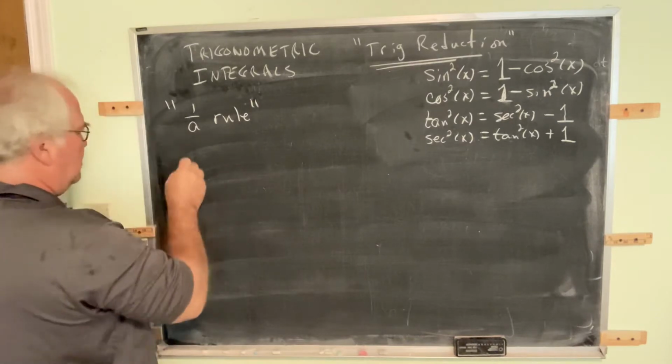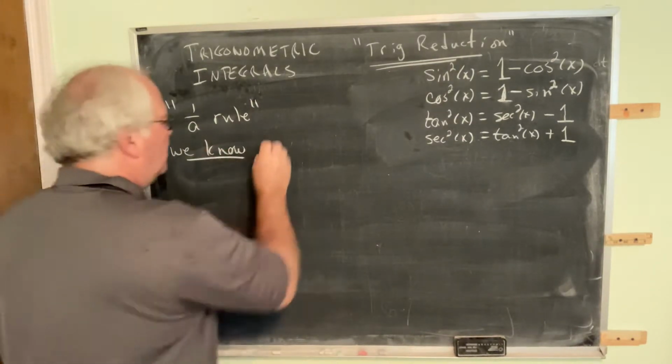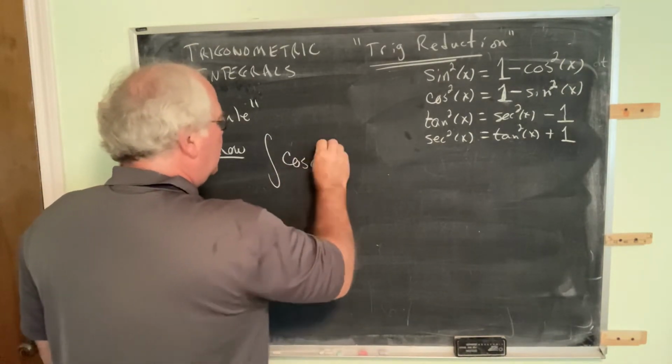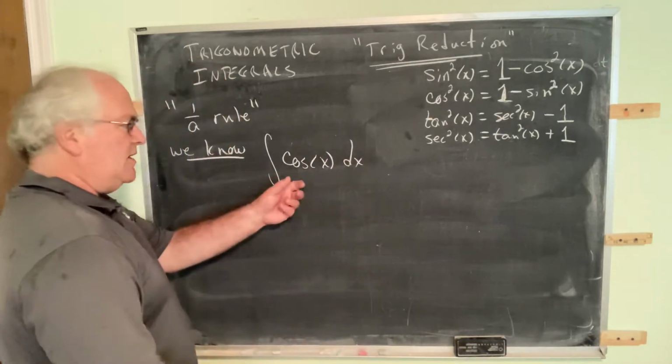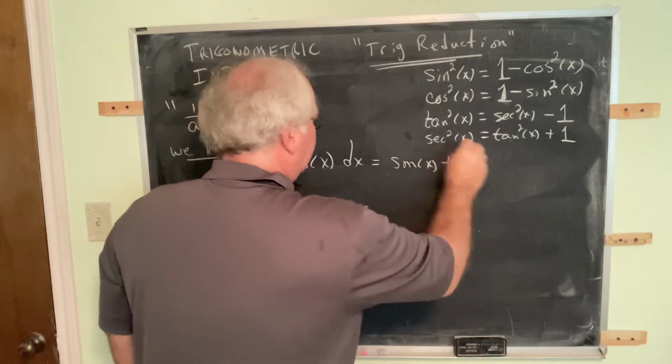The idea is this: we know the integral of, let's say, cosine. Let's keep it easy here. Cosine of x dx. We know the antiderivative of cosine is sine of x plus the constant.